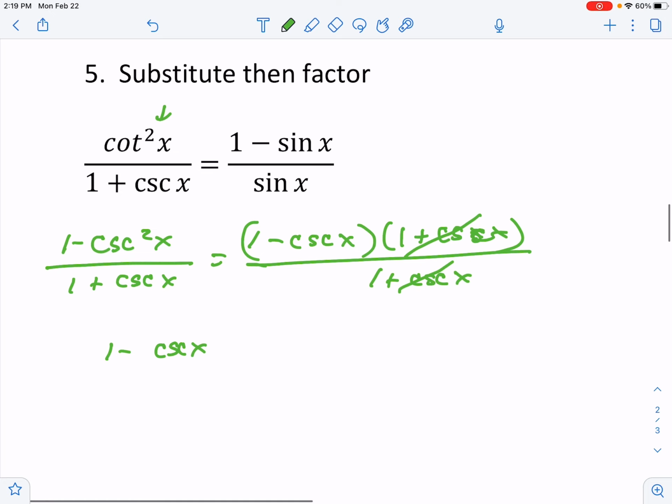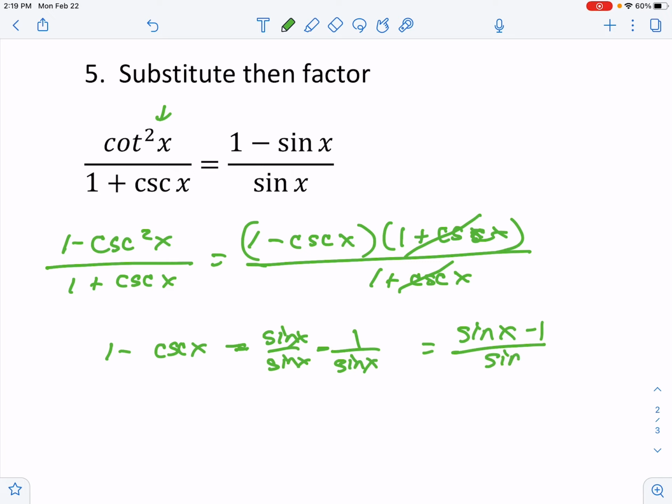Well, I can rewrite this as 1 over the sine, and I can write 1 as sine of x over sine of x. So I split it into 2, and you get sine of x minus 1 over the sine of x. I did something wrong. This should have been the other way around. This should have been minus 1.